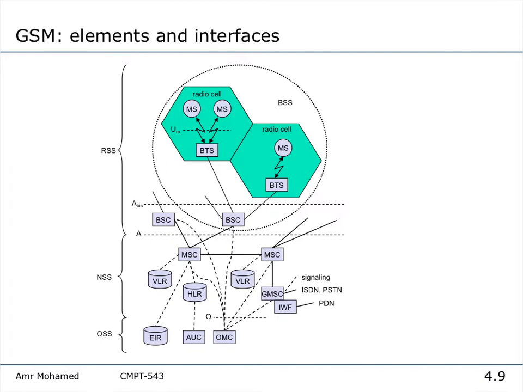And generally speaking, each service provider will have multiple of these mobile switching centers. Each mobile switching center covers a location area. And a location area is like a sort of a city. Okay? Like for example here in Doha, we may have one or two mobile switching centers.